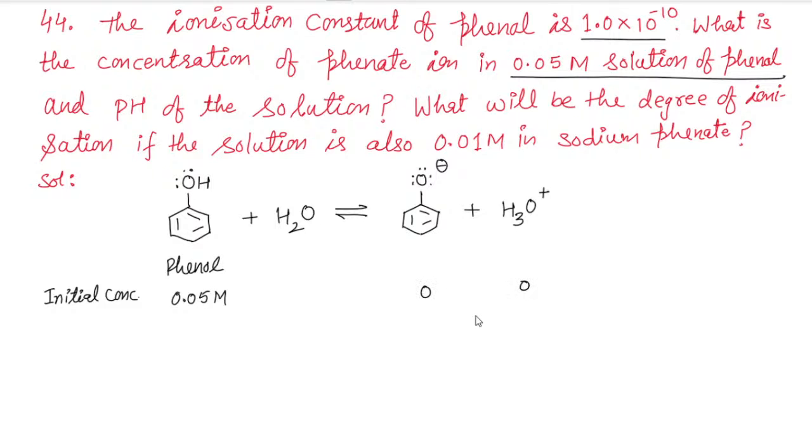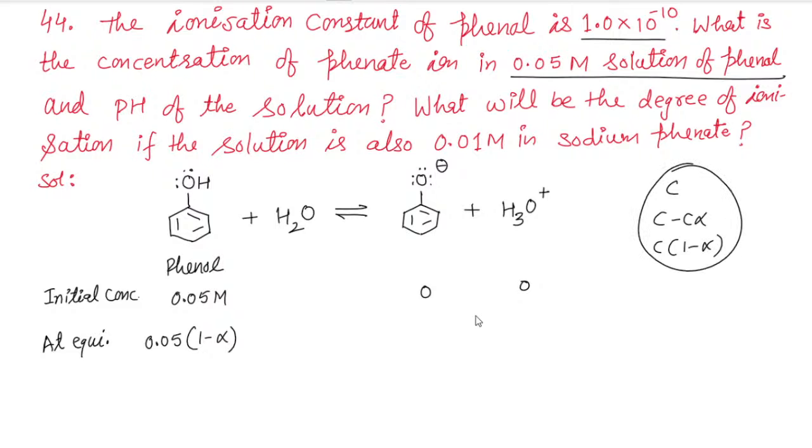Now at equilibrium, out of 0.05, if alpha is degree of dissociation, then it is 0.05 into 1 minus alpha. If it is C, we write it as C minus C alpha, that is C into 1 minus alpha.